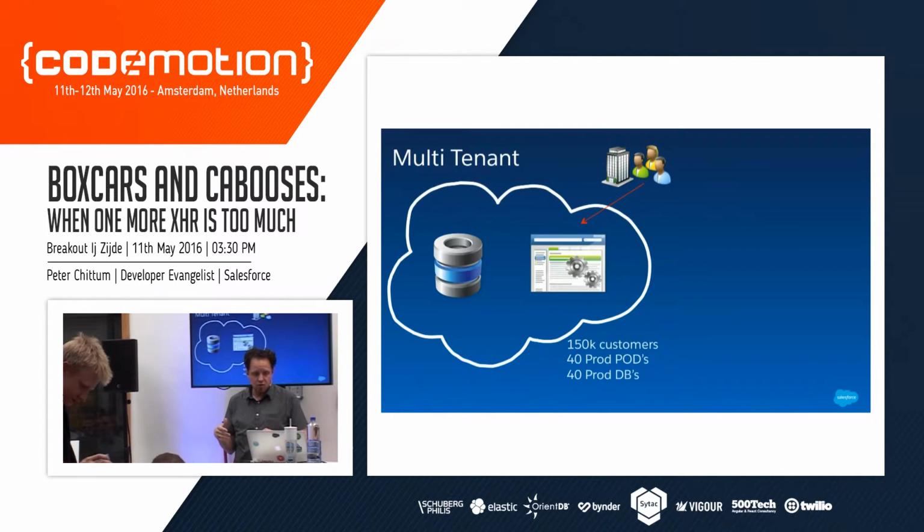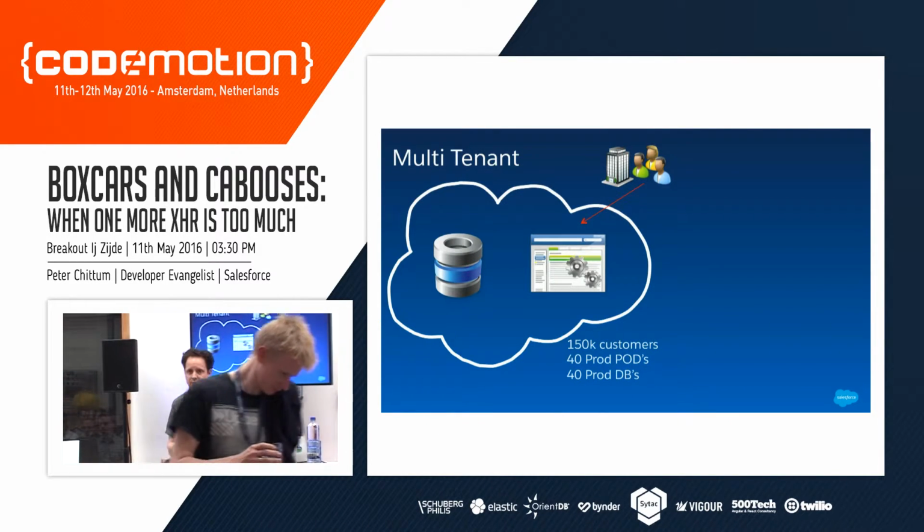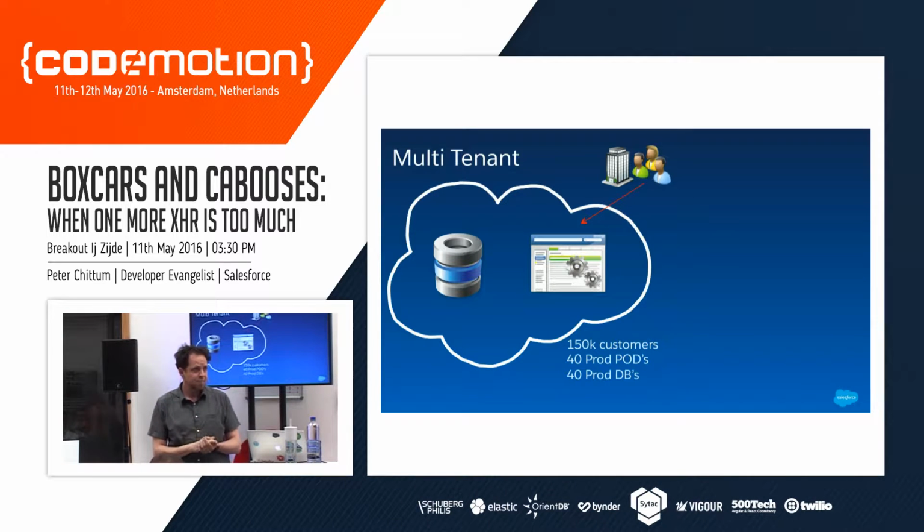And the important thing to understand about that is the architecture that we have is multi-tenant. Anyone here either worked with or built a multi-tenant system? A few people. So for those of you who don't understand multi-tenancy, it essentially means we have a very small number of actual installations of our product. They're all hosted by us. There is no on-premise Salesforce. It doesn't exist.